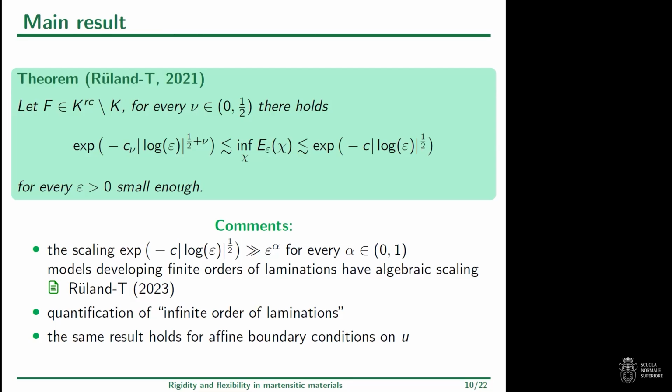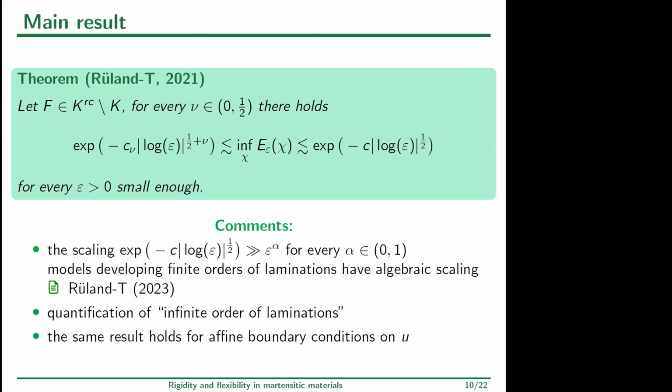But another important thing that we can say is that this scaling is going to 0 much slower than any power of epsilon, than any epsilon to the power alpha. Why do I say this? Because of this result from Kohn-Müller and also some results from Sergio.